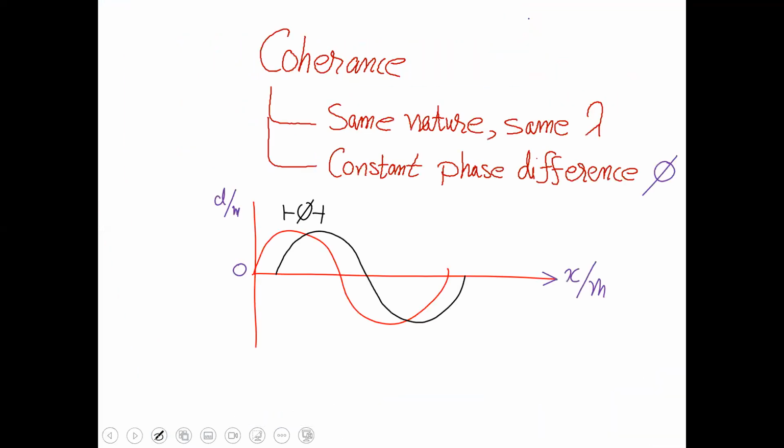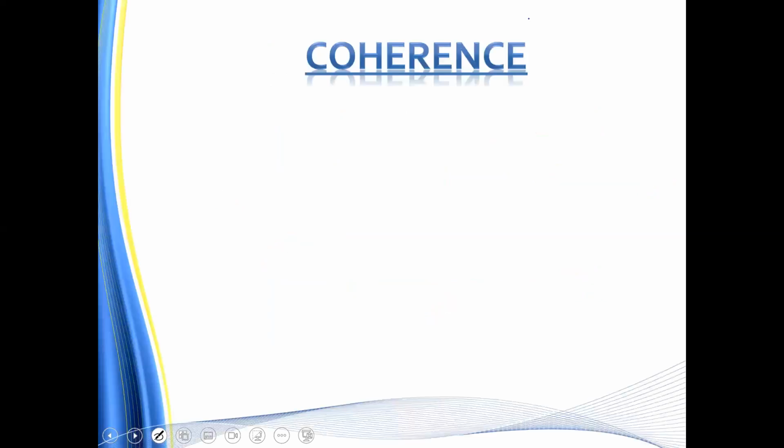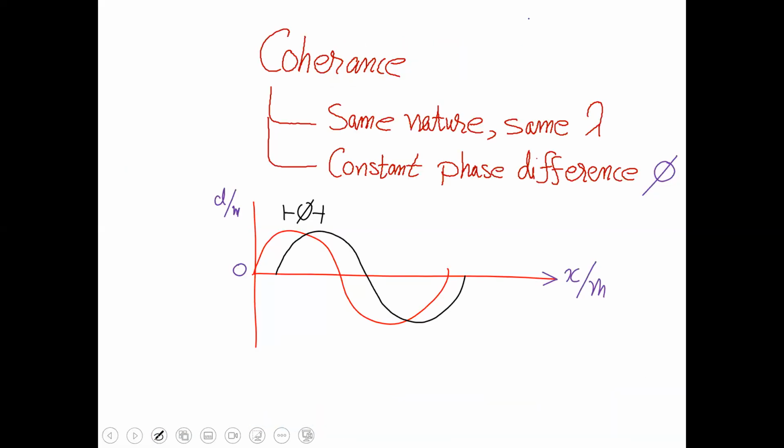Coherence. What is coherence? Coherence means same nature, same wavelength, and constant phase difference. So if two waves are identical in nature, they have the same phase difference, they are moving in synchrony with each other, they are called coherent. Now, coherence is a very important condition.